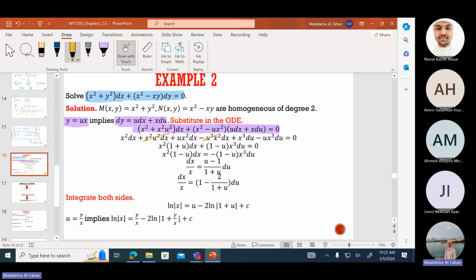Now the next step, we need to make it separable. So dx and x alone, and du and u alone. Here we have this dx and this dx. What do they have in common?